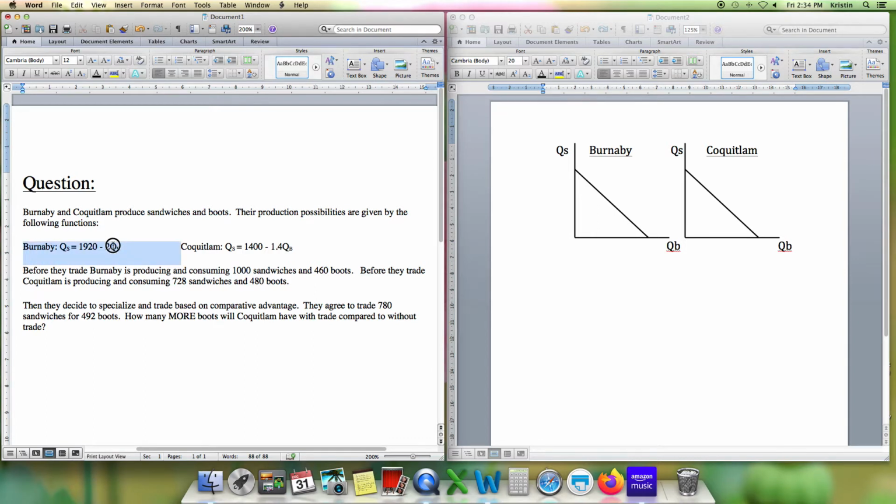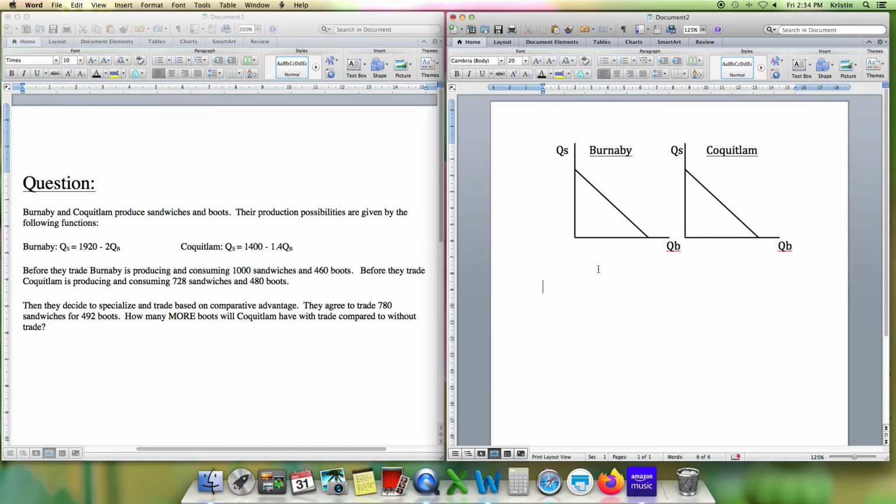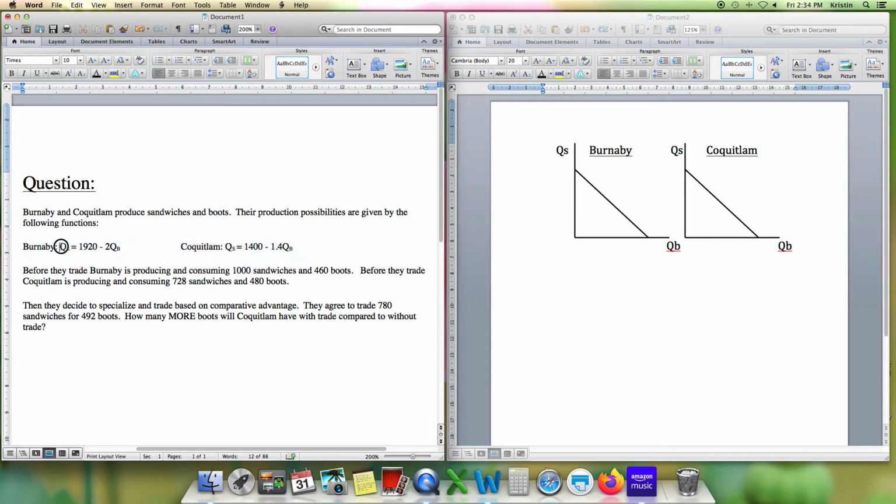What we'll do is draw a graph from those functions. Over here I have graphs roughly drawn, but what we want to know is what are the intercepts. So we'll start with Burnaby. The function for Burnaby is the quantity of sandwiches equals 1,920 minus 2 times the quantity of boots.